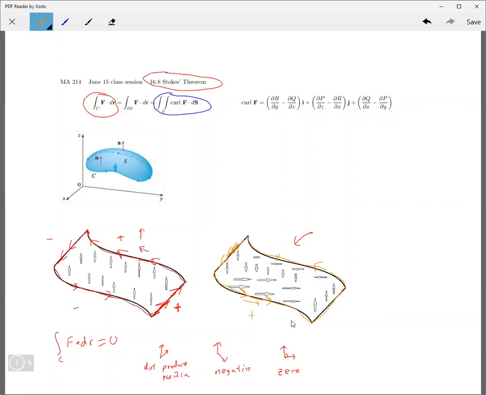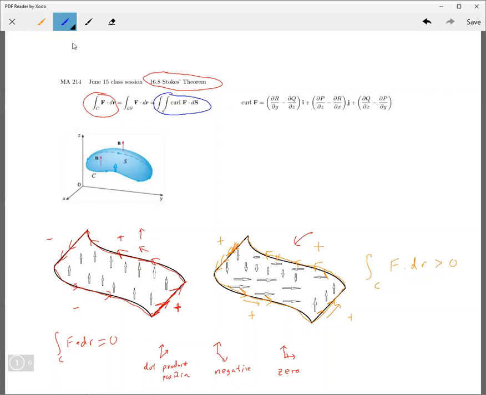So that's going to be positive. The same thing as you come along here, that's positive. As you go along this way, that's positive too, and as you go this way, these are pointing roughly in the same direction, so that's positive. So here the integral is going to be positive.